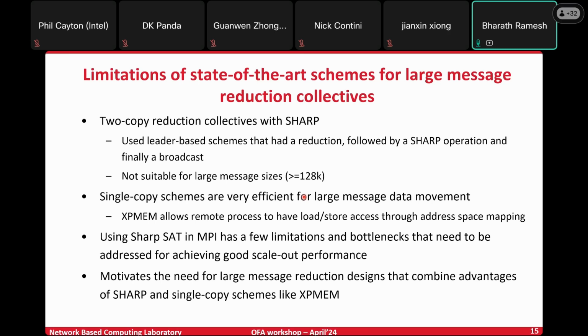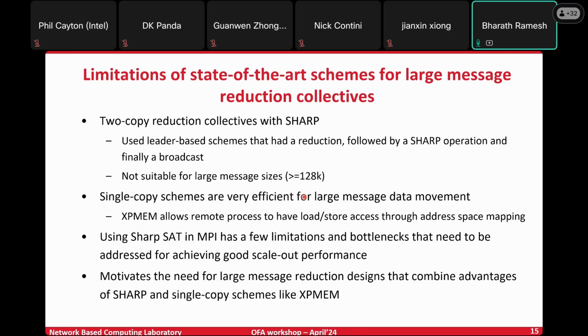The other thing is the two-copy paradigm also involves an explicit memcpy. Again, the time for memcpy also increases as you increase the message size. On the other hand, there are single copy schemes which use transports such as XPMem. With XPMem, you can allow a remote process to have load store access to your buffers.